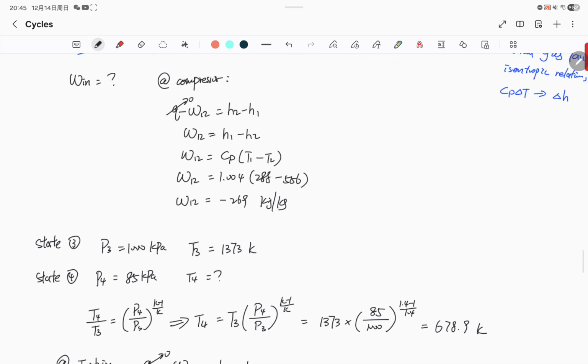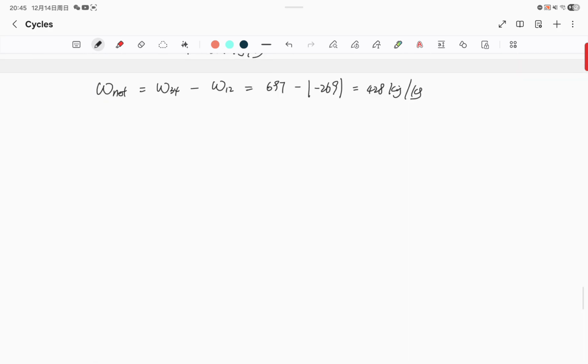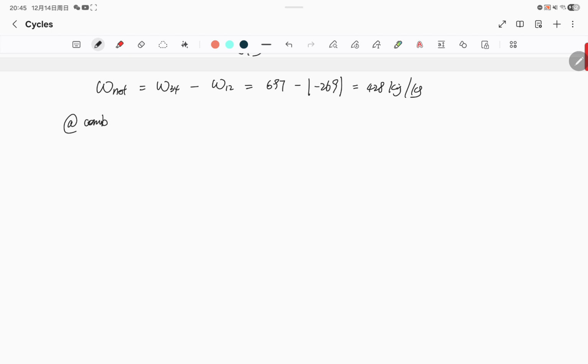We kind of forgot that at state 3 we can calculate the heat in. So let's do it here. At the combustion chamber, we got Q23 minus W is equal to H3 minus H2. Does the combustion chamber do work?